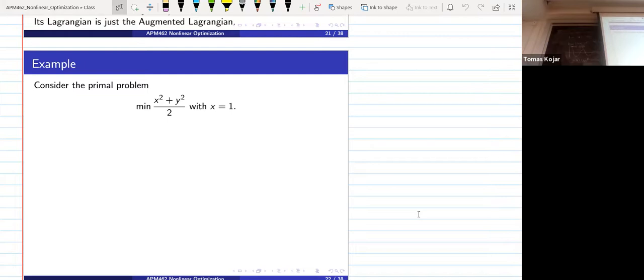Is lambda in some range? What the hell is lambda?